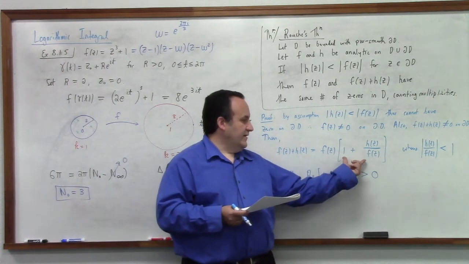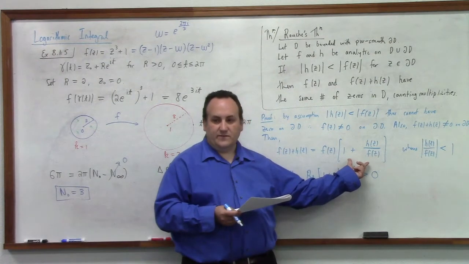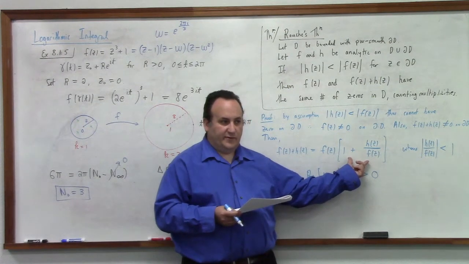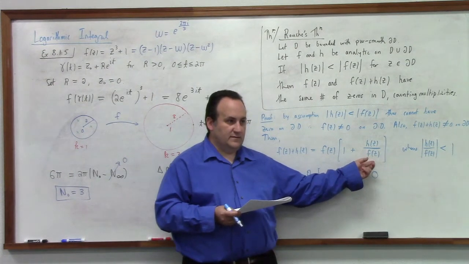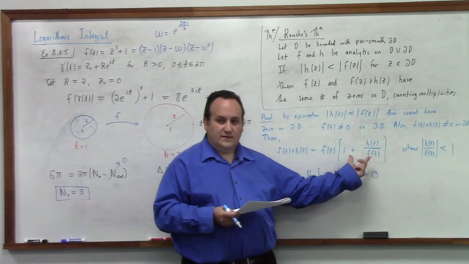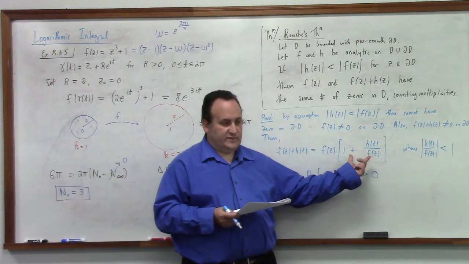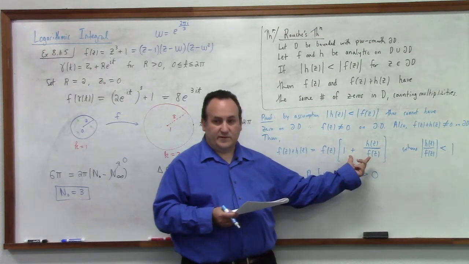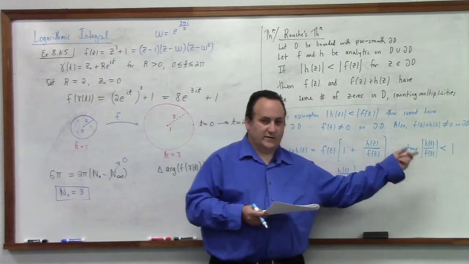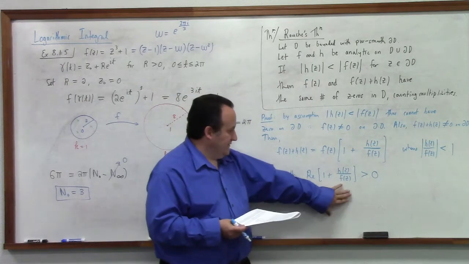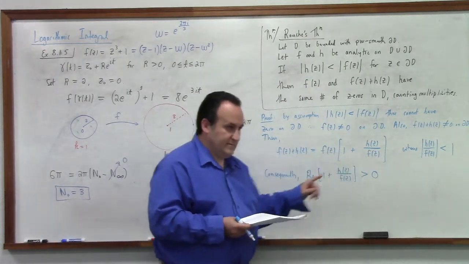So in order for the thing in square parentheses to get negative, you would need the real part of this to be less than minus 1. But that's impossible because the modulus of a quantity is the square root of the square of the real part plus the imaginary part squared, and we have that the modulus of this quantity is less than 1. So it's clear that this is true from that.